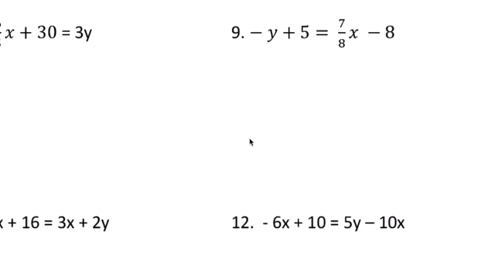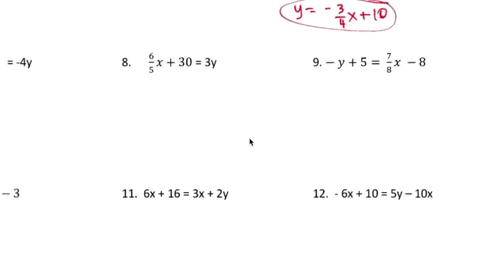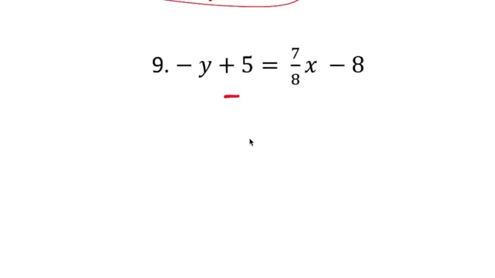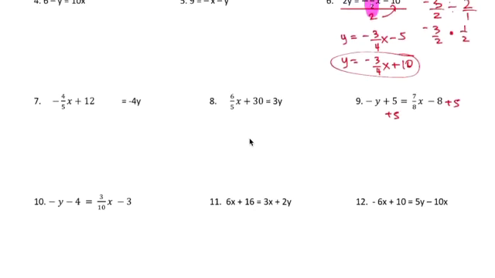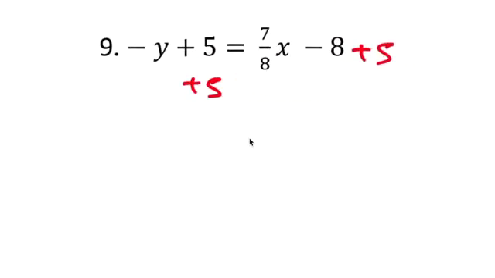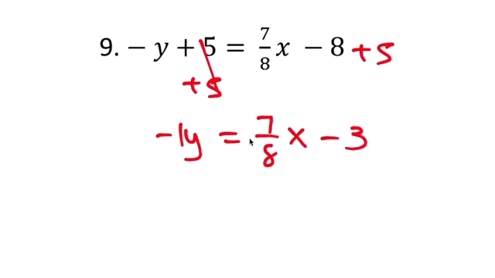Number 9, make sure that I add 5 first. Negative y equals 7 over 8x minus 3. That's added in inverse. That's a negative 3 or minus 3. Divide everything by negative 1.